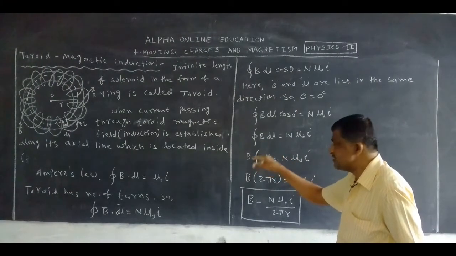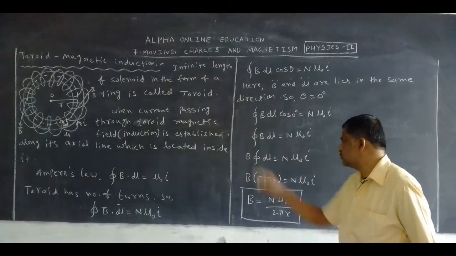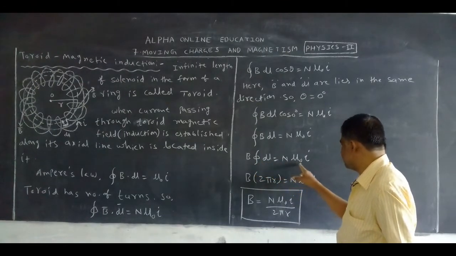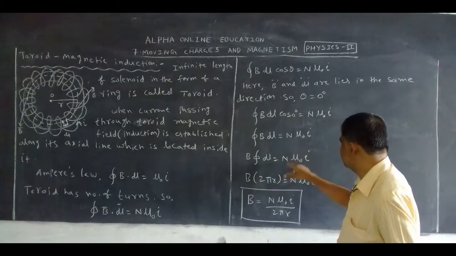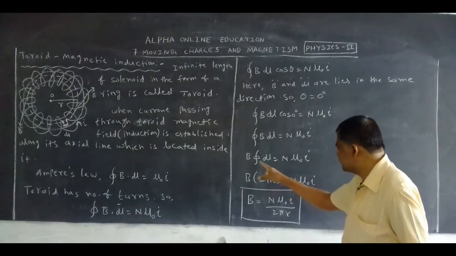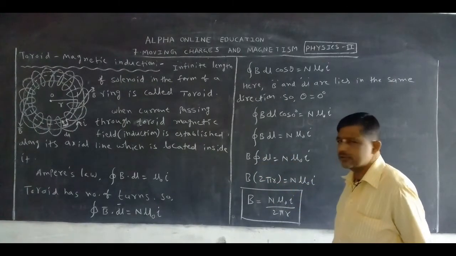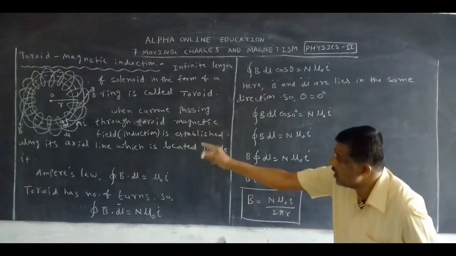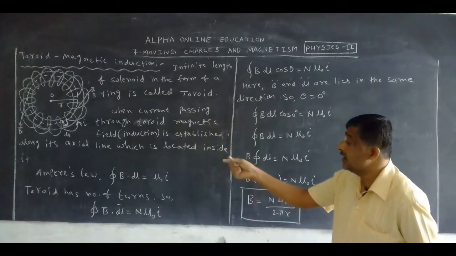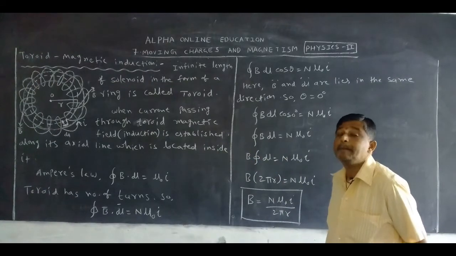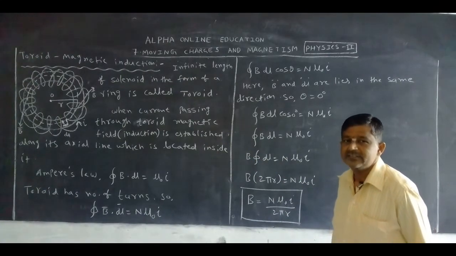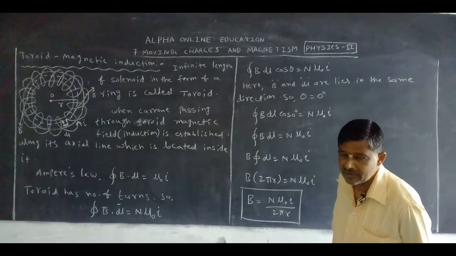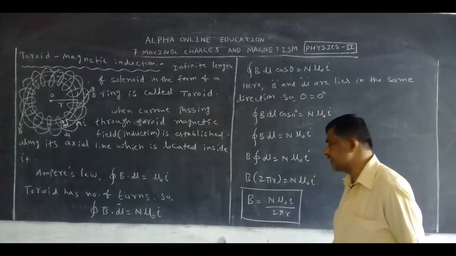Okay, B is uniform magnetic field, so take it outside. B closed integral dl is equal to mu 0 n I. Right. Integral dl is equal to 2 pi r. Why? dl is a small portion on the magnetic field, which is in the form of a circle or a ring.